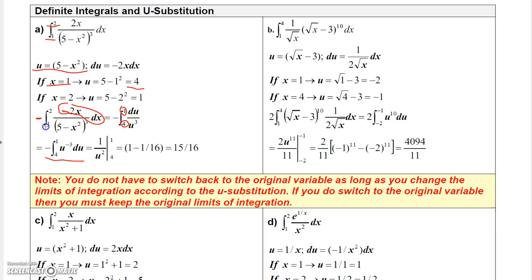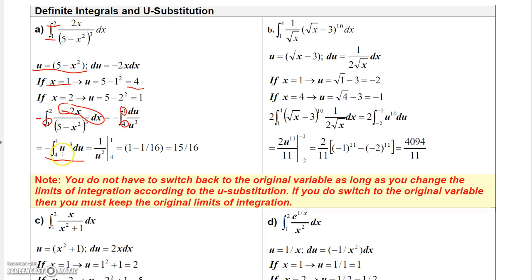So I replaced the 1 for x with 4 for u. And then what about when x is 2? Well, when x is 2, I plug 2 in here, and I get that u is 1. So I replace the upper limit x equals 2 with u equals 1. Okay, so that's where the 4 and the 1 come from.